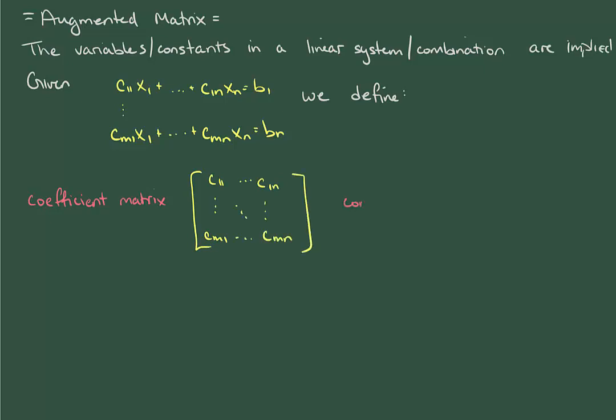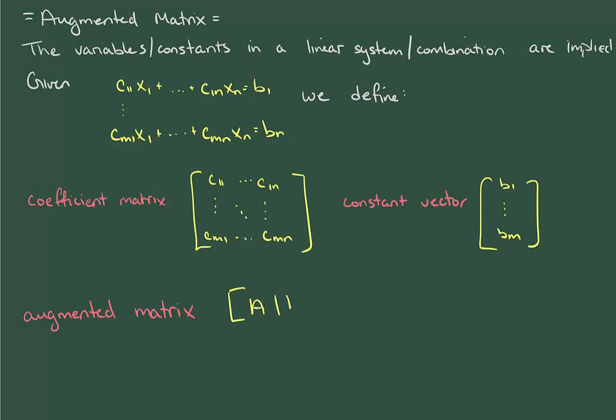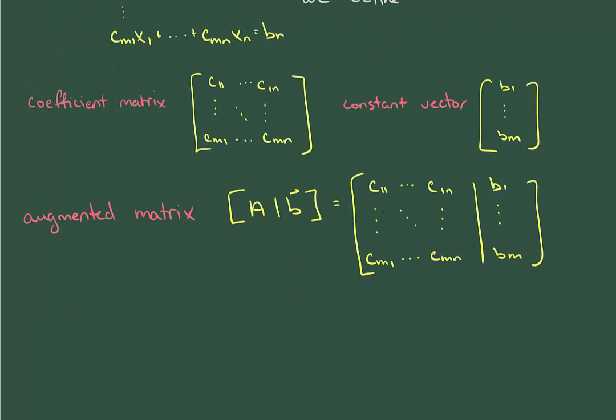We can define the constant vector, which is unsurprisingly the vector of constant terms, and the augmented matrix, which is the coefficient matrix and the constant vector placed side by side and divided by a vertical line. This vertical line isn't strictly necessary, but it helps us keep track of where the coefficient matrix ends and the constant vector begins.